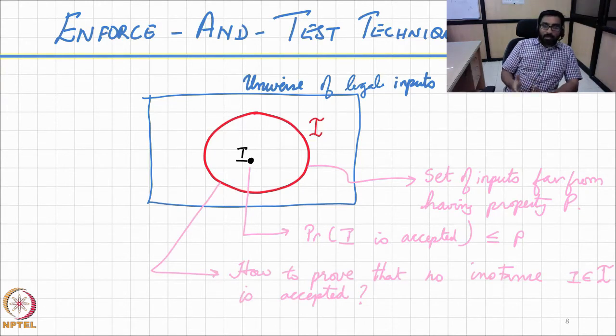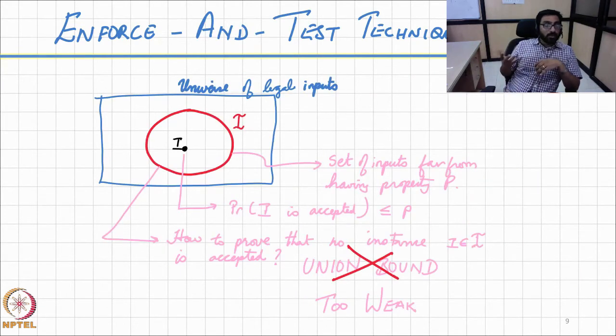Now we need to extend that to prove that no instance in I is accepted with any reasonable probability. So what are the ways in which we can do that? We can use the union bound. So we can say, okay, if this one instance is not accepted with probability p, then all of these instances are also not accepted with probability that's equal to the cardinality of the set I times p.